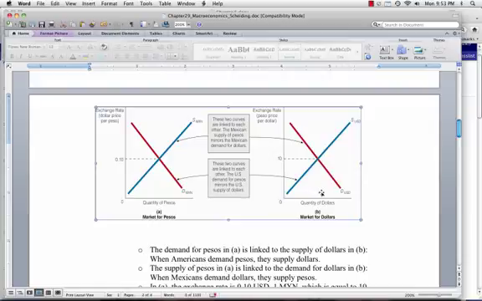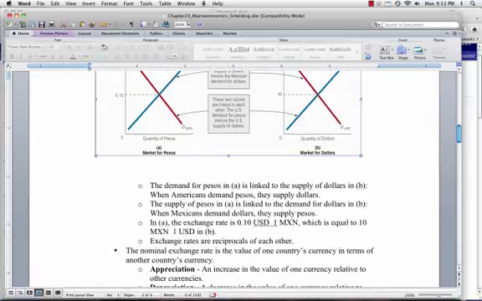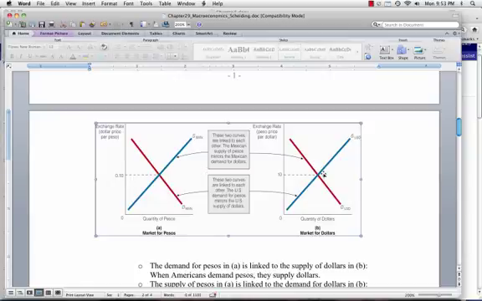Then you would have quantity of dollars down here. What is the supply curve in this graph is the demand curve here, and what is the demand curve here is the supply curve here. Why would you ever demand a US dollar? In this case it would be Mexicans needing US goods. Why would there ever be a demand for the Mexican peso?